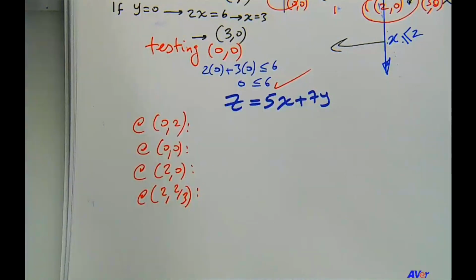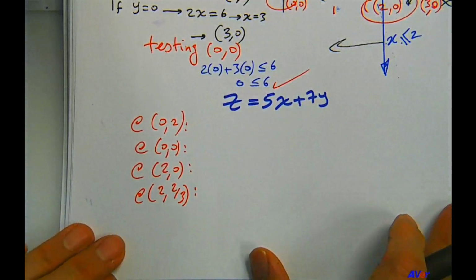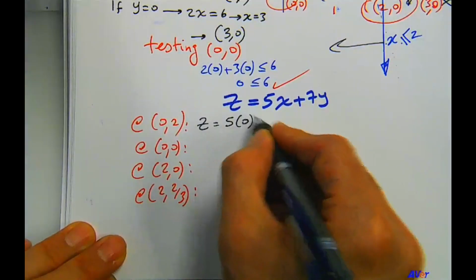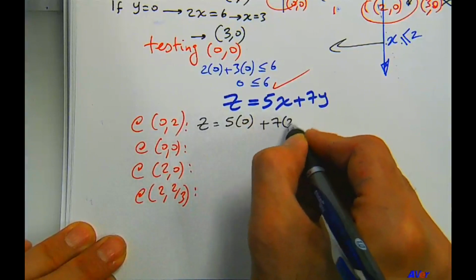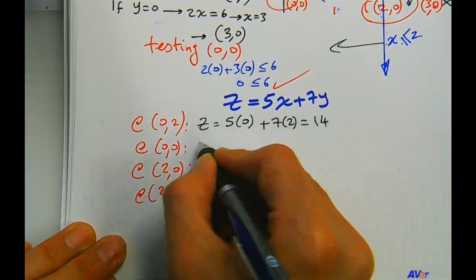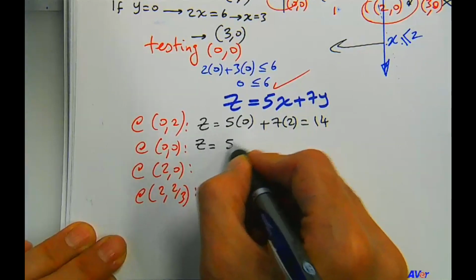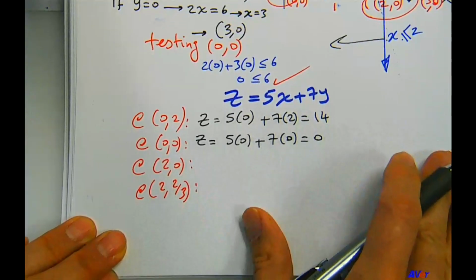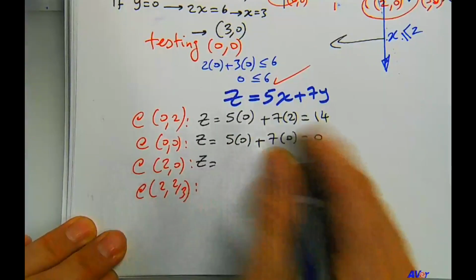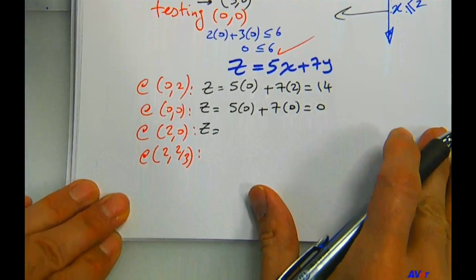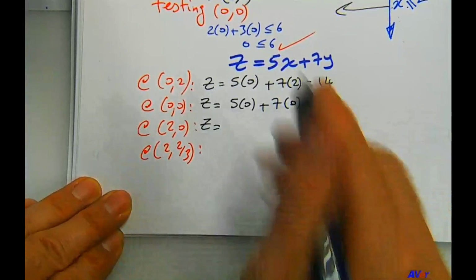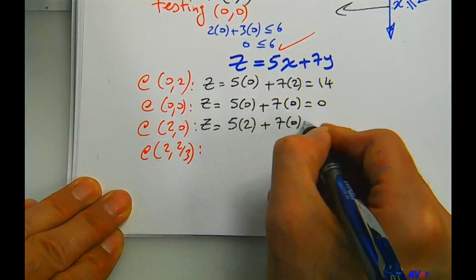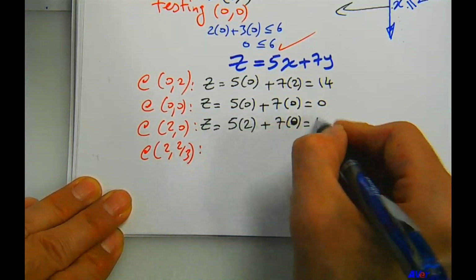Okay, so let's plug in. We have z equals 5 times 0 plus 7 times 2, that's 14. And this is just 0, right? 0. And then z equals 5 times 2 plus 7 times 0. So we have 10.